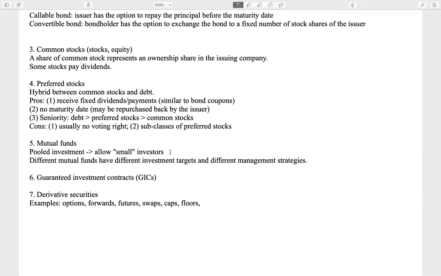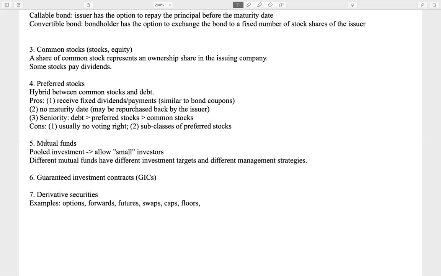So it's very difficult for a small investor like me to diversify in this huge stock market. But I can put my $5,000 with a mutual fund. Because they are pooled investments, they can invest in pretty much all the stocks, so I own a fraction in a lot of shares. That saves me a lot of trouble doing the transactions myself.